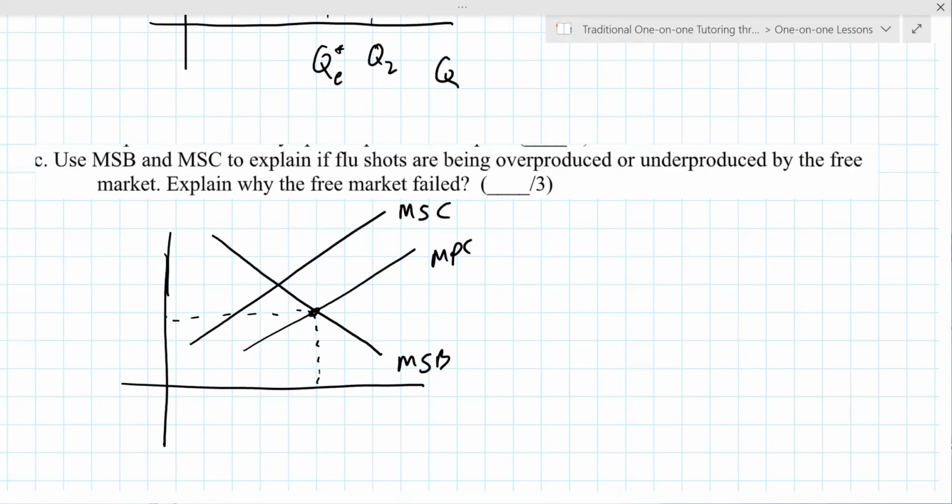Essentially there's what's called some deadweight loss in this region.